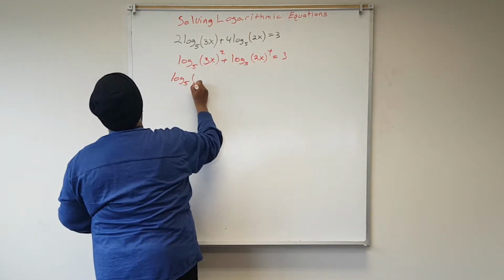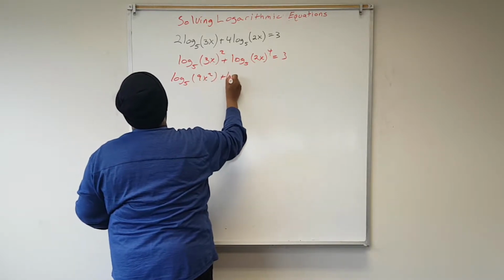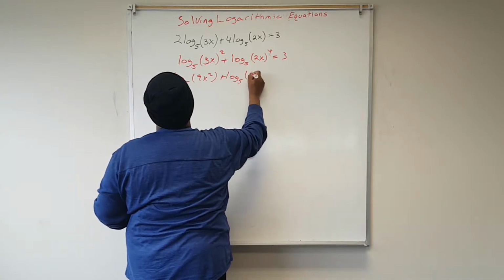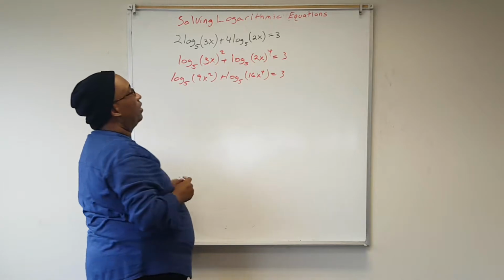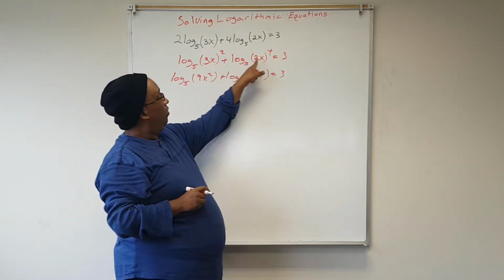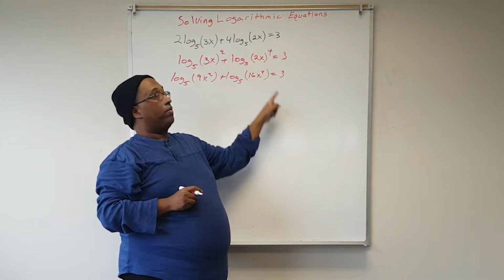Log base 5 of 9x squared plus log base 5 of 16x to the 4th equals 3. 3x times 3x is 9x squared. 2x to the 4th is 16x to the 4th.